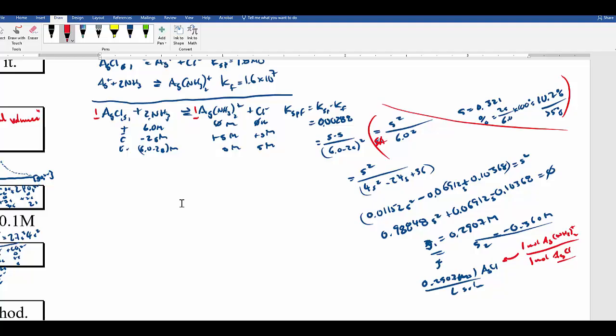But before I get too far, we should do a K check for this. And so I'm going to calculate the equilibrium concentrations here. So this is 6 minus 2s. So this is going to be 6 minus, go back to my computation mode, 6 minus 2s, which is 2 times 0.2907. And that gives me 5.4186 molar. And then my S is 0.2907 molar.